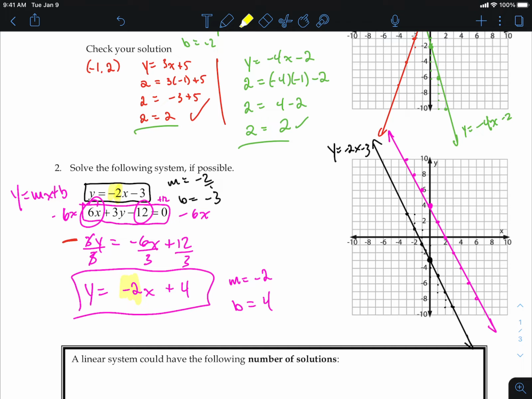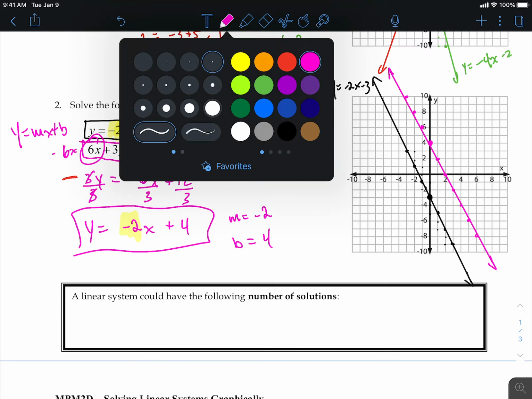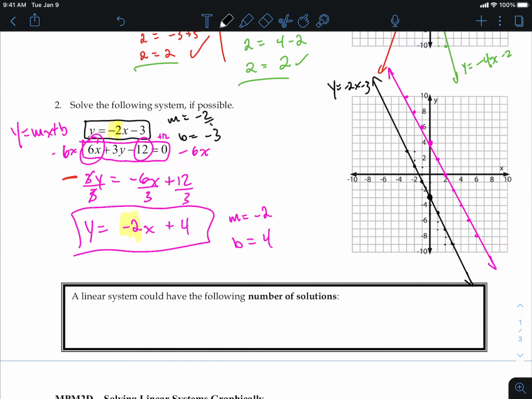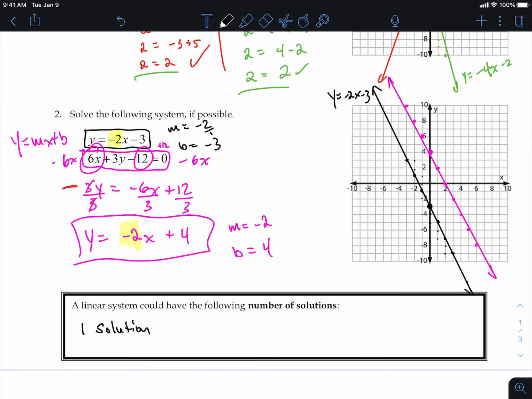Okay. So here are like three situations you could have. You can have one solution. That'd be like part A, where they cross in one spot. I'll draw a little picture here too.